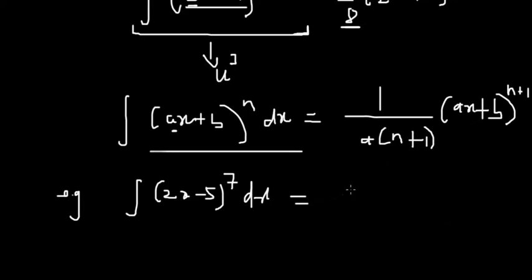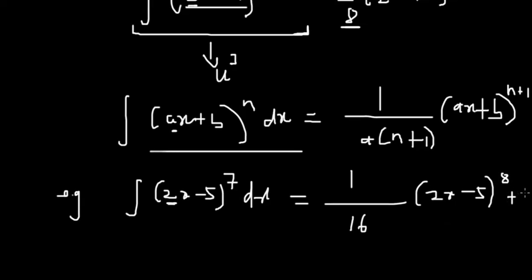We have 1 over a, so a is 2, and n + 1 is 7 + 1, that's 8. So 2 multiplying 8 is 16. Then we have the main expression, (2x - 5), and the exponent is n + 1, so 7 + 1 is 8. And then you can introduce your constant c.